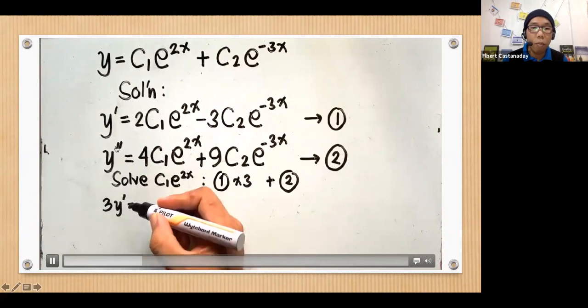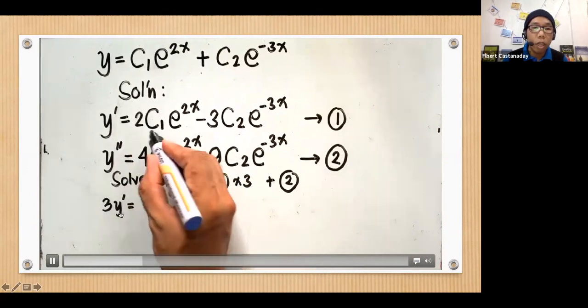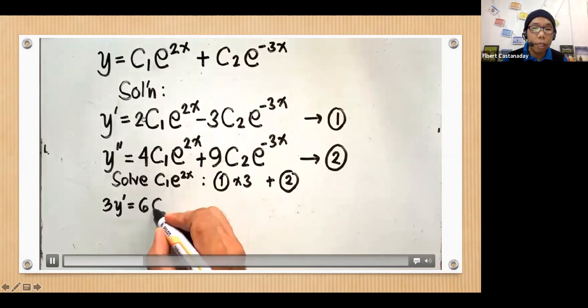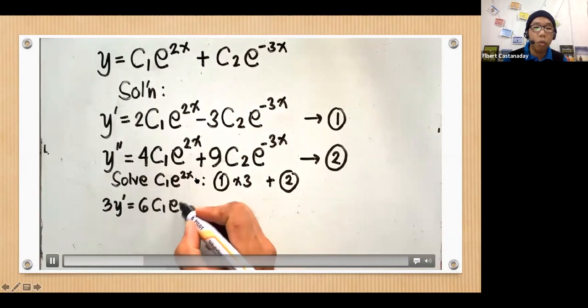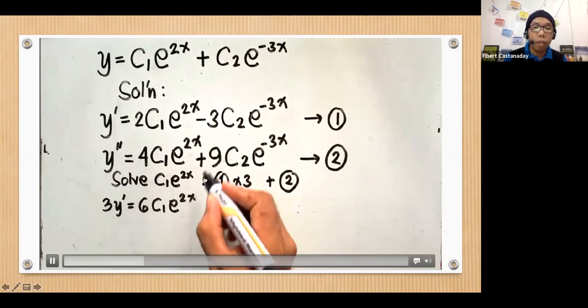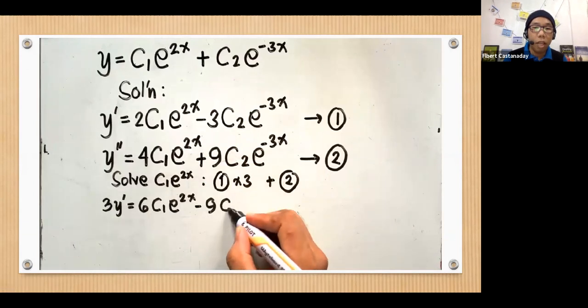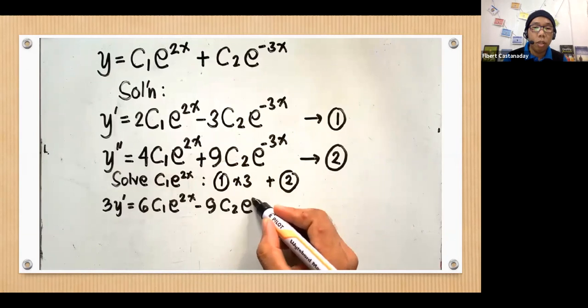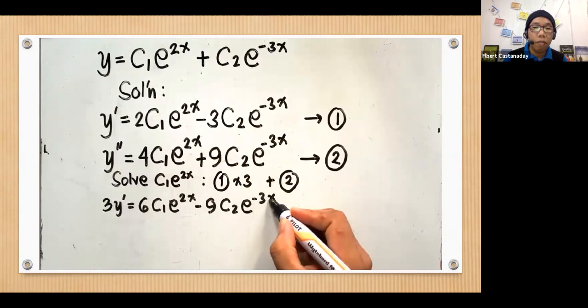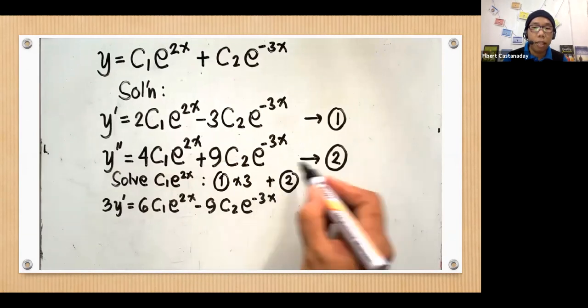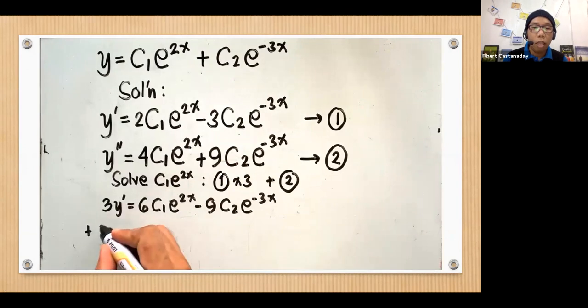So we have 3y prime equals 3 times 2 is 6 c sub 1 e raised to 2x, and then minus 3 times 3, you have minus 9 c sub 2 e raised to negative 3x. The next step will be to add equation 2.